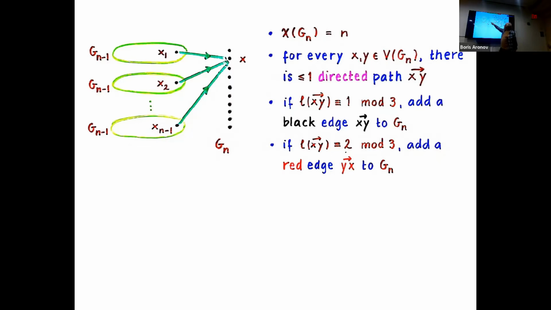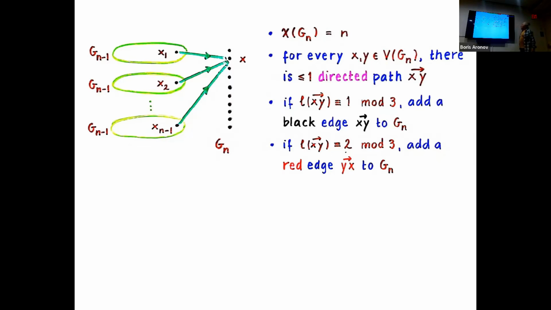So in particular, if you look at these green edges, x2 and x are connected, the shortest path between them consists of one edge. Its length is 1 modulo 3, because 1 is congruent to 1. Therefore, it will be black. So all edges that are originally in the picture will be black, but there will be some additional black edges.